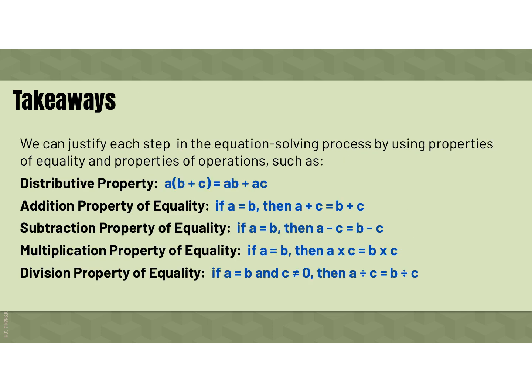So also on page 7, some other takeaways that we have, and I'm not expecting you to know these by heart, but we can justify each step in the equation solving process by using properties of equality and properties of operations. So the distributive property, we've used that where we take the A and we multiply it in. This is the addition property of equality.